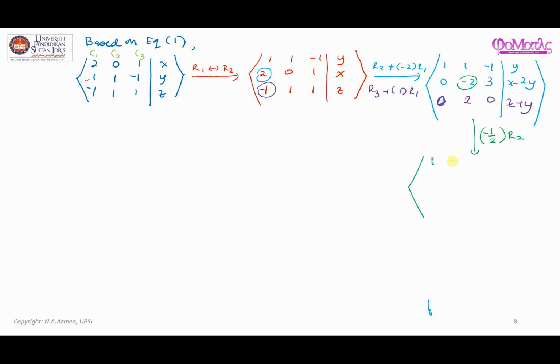So I have 1, 1, -1, Y; then 0, 1, -3/2, (X minus 2Y) over -2; and here is 0, 2, 0, Z plus Y.